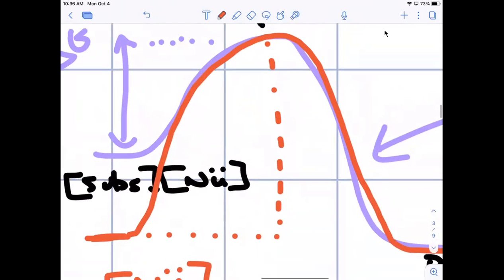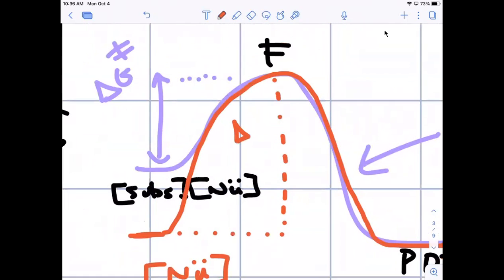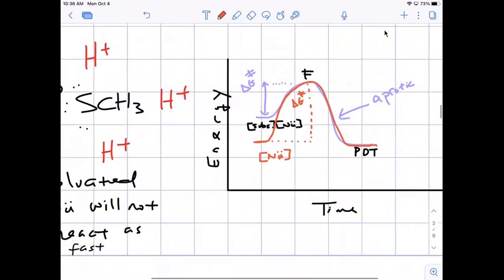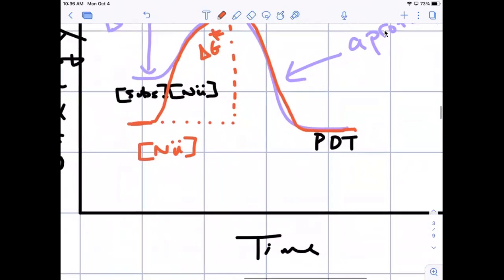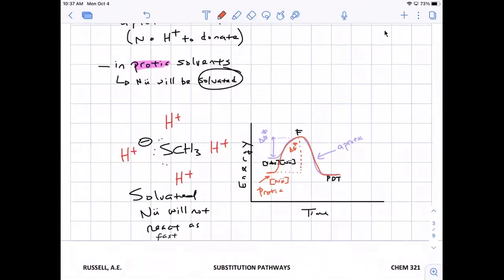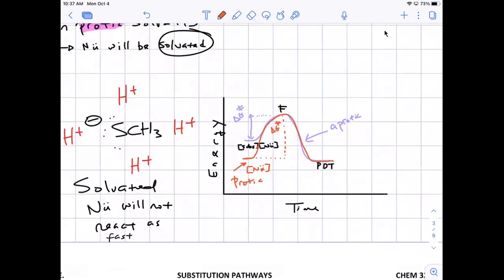Right, so this is the activation energy for the reaction done in a protic solvent. So let me make that plain too. So this is protic. Right, so that's why you want to use an aprotic solvent, because the protic solvent is going to solvate your nucleophile, drop its energy, and increase the activation energy at the same time.